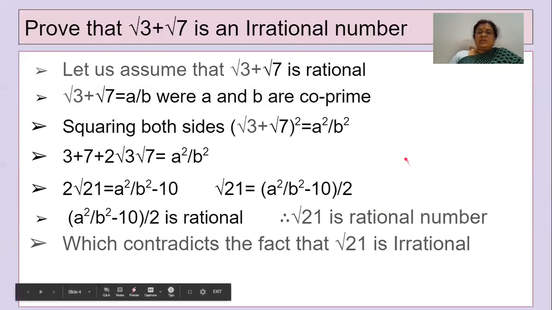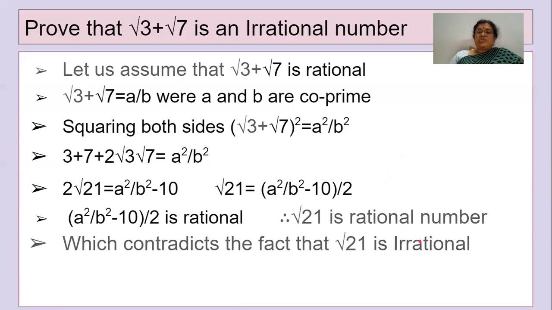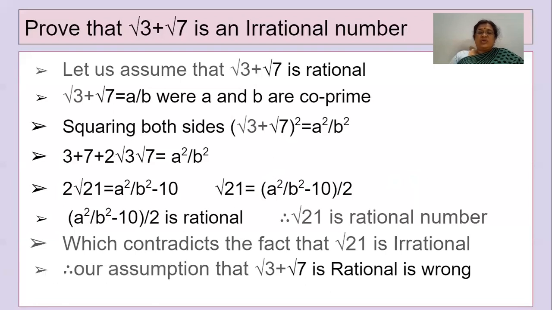So this is a contradiction we have approached, because we have taken a false assumption. What is the false assumption? That we have taken that root 3 plus root 7 is rational. That is false. So you can say that root 3 plus root 7 is irrational.